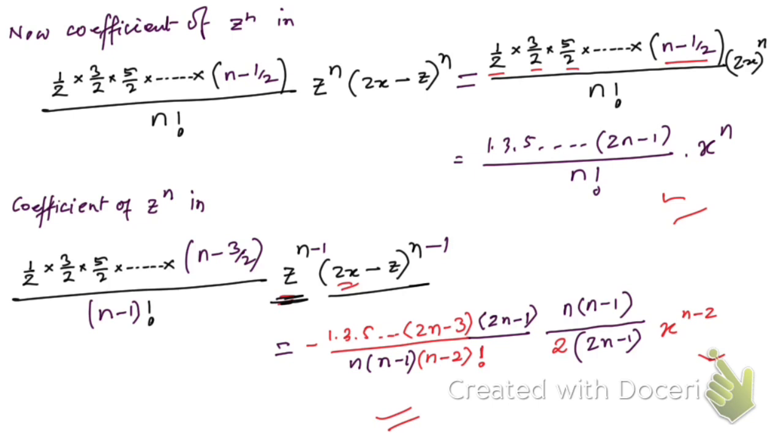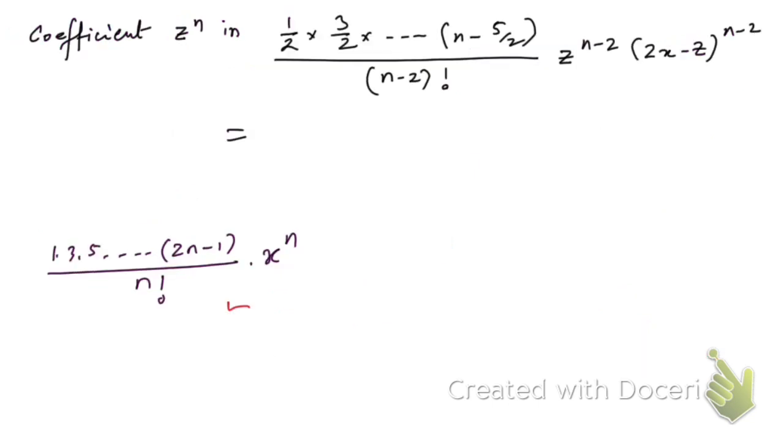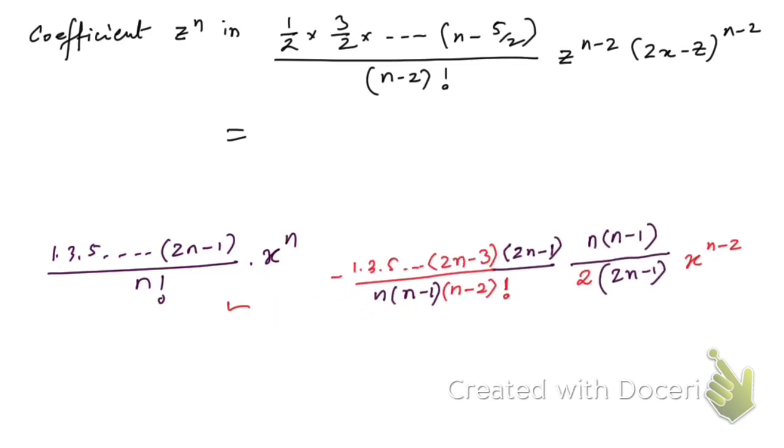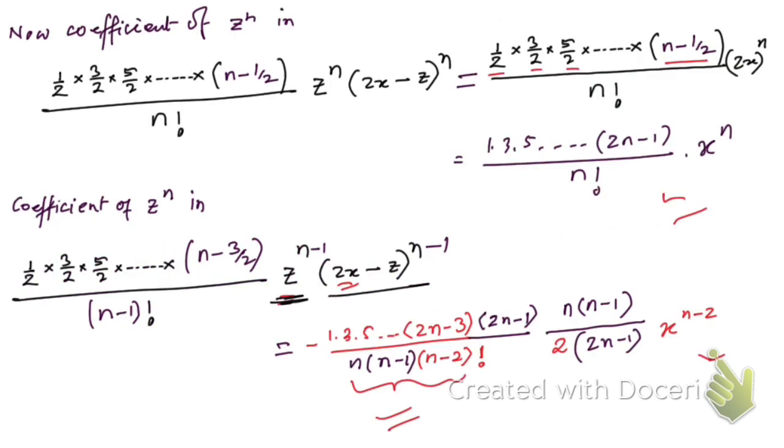And in the third term, when we had power z to the power n and here also n, then we got this coefficient. Then in the next term we have this coefficient, which can be written this way also. Let me go back to the previous slide. Now this part becomes factorial n, so we can simply replace it by factorial n.